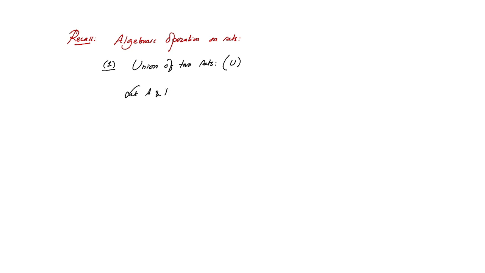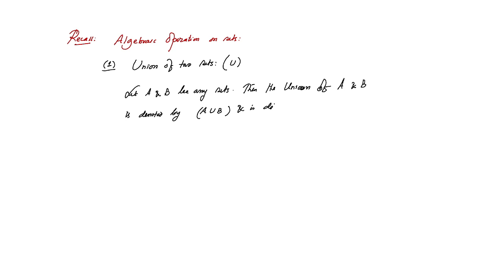Let A and B be any two sets, then the union of A and B is denoted by A union B and is defined by A union B equals all those x such that x belongs to either A or x belongs to B or both.